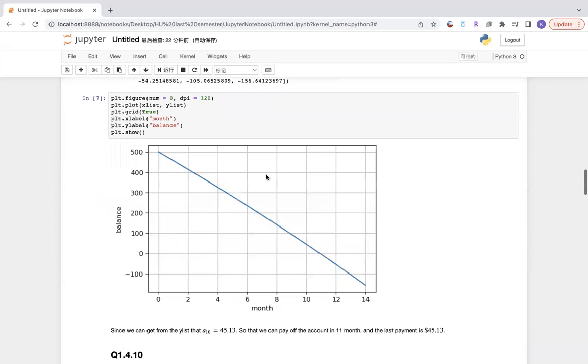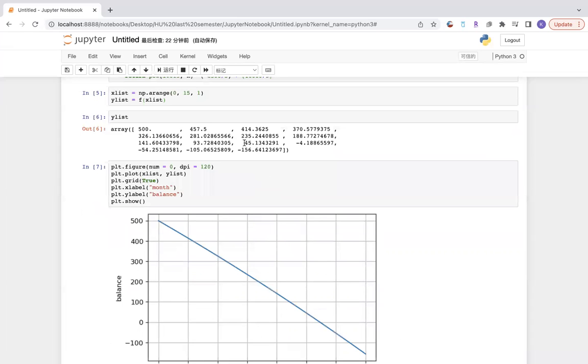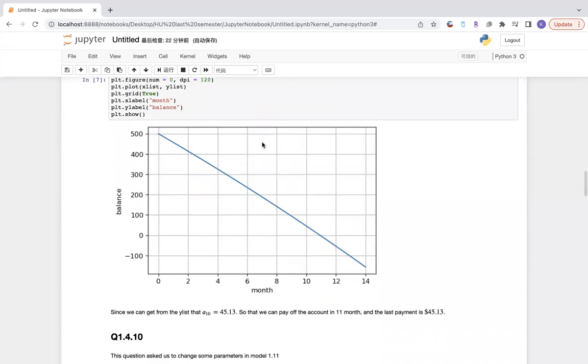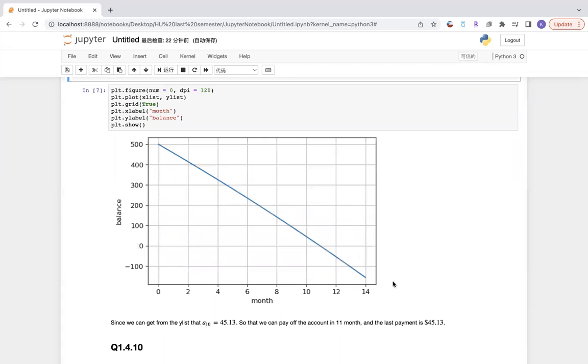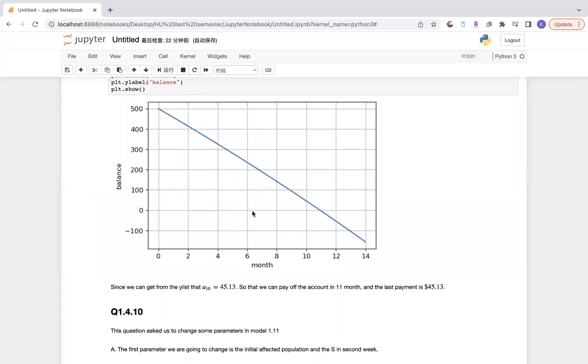So it takes 11 months to pay the debt off, and the last payment will be $45. And the graph is here. We can see that when the balance is 0, it's roughly 11 months.